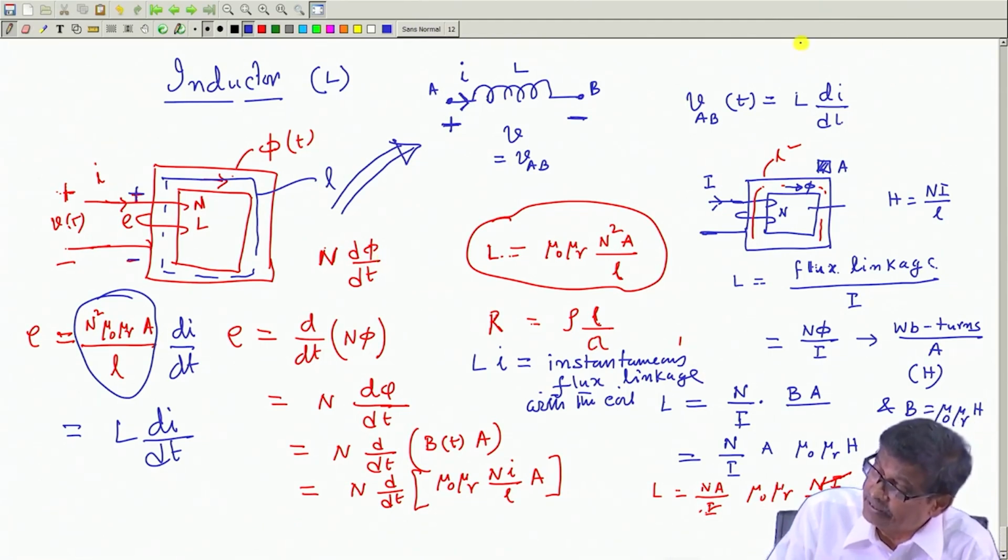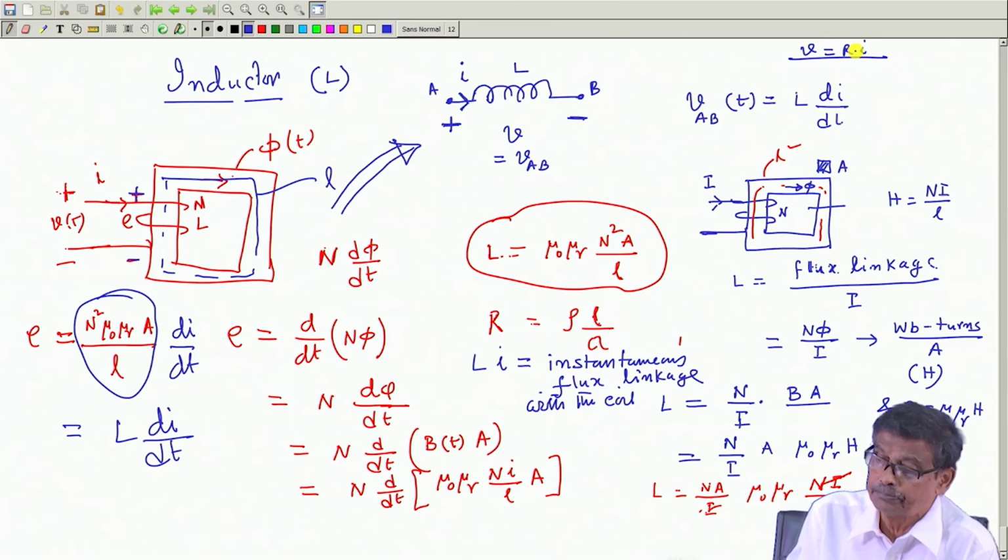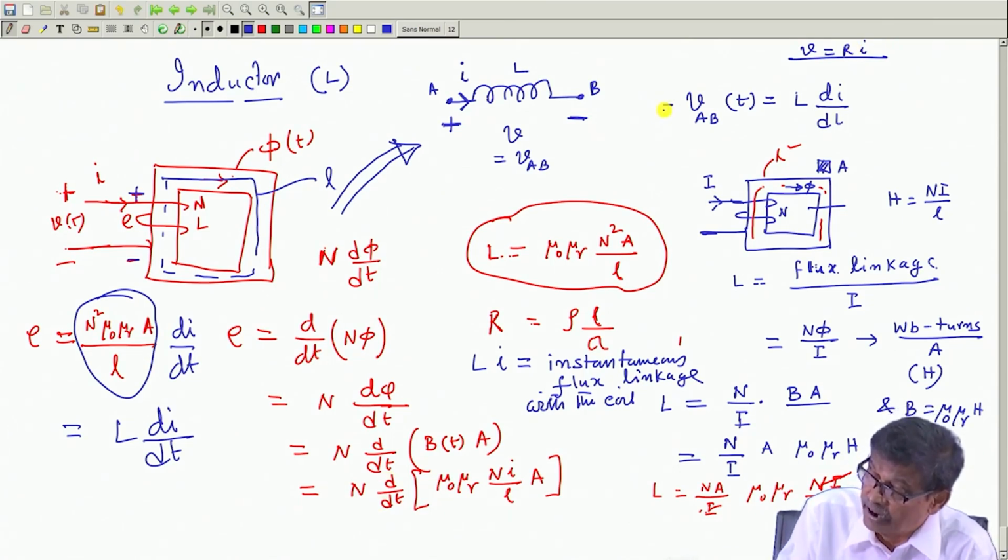In case of resistance, we have seen that V equals R I, that was the relationship between voltage and current, terminal quantities. In case of inductor, I will also write sometimes V, as I have told you.